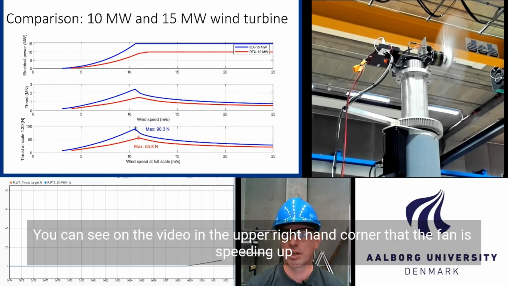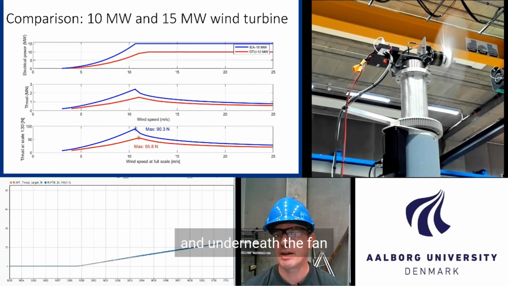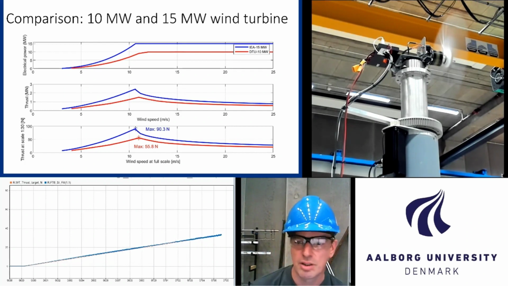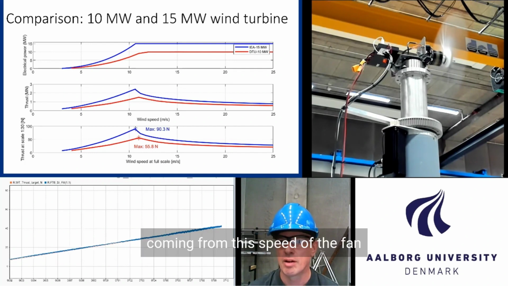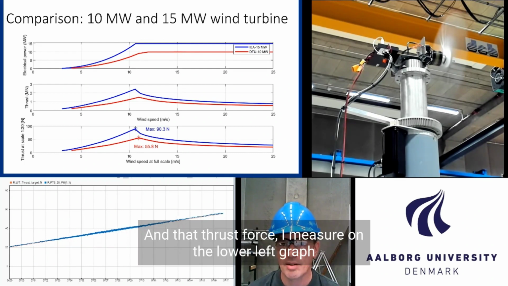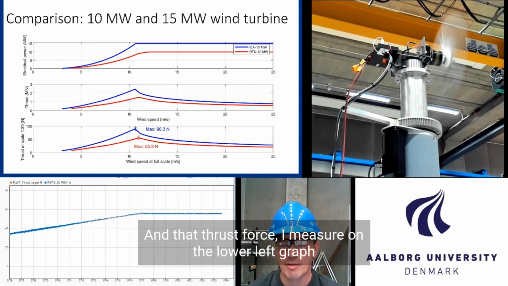You can see on the video in the upper right hand corner that the fan is speeding up, and underneath the fan, just below it, I have a force sensor that measures the thrust forcing coming from this speed of the fan, and that thrust force I measure on the lower left graph.